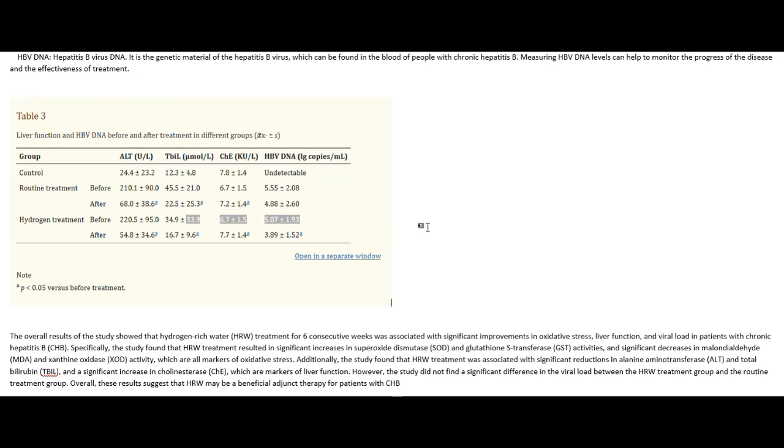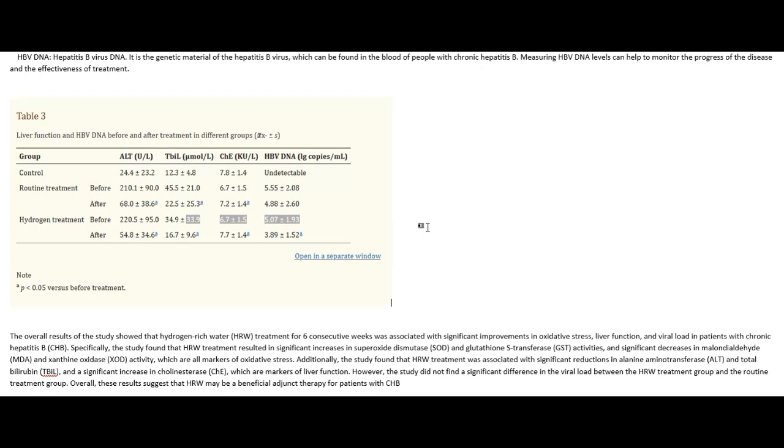So the hydrogen water didn't actually affect the hepatitis B itself. It improved a bunch of health parameters, but it didn't affect hepatitis B at all. There was still the same amount before and after, because the ranges overlap. Interesting. It goes back to the point that drinking extra water may actually be really good for you.